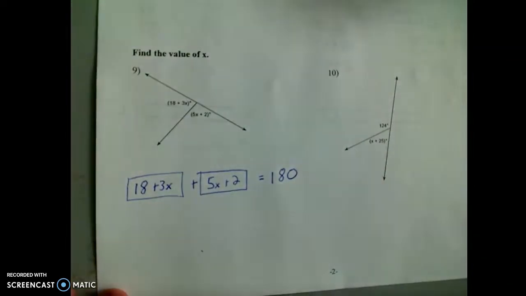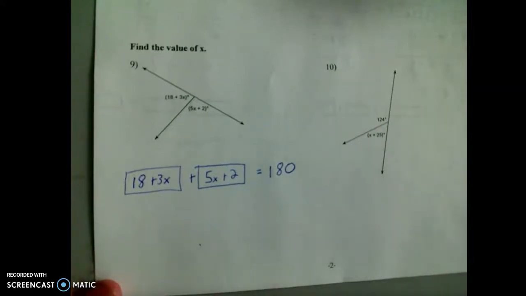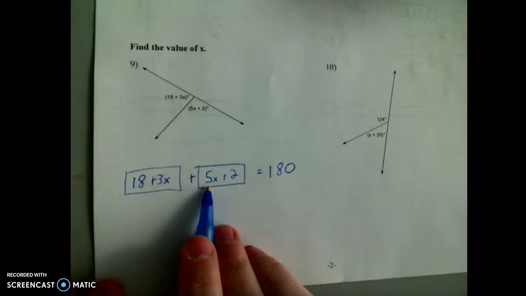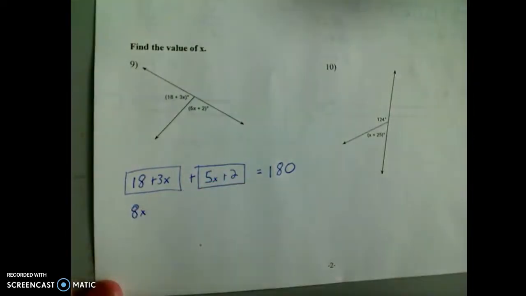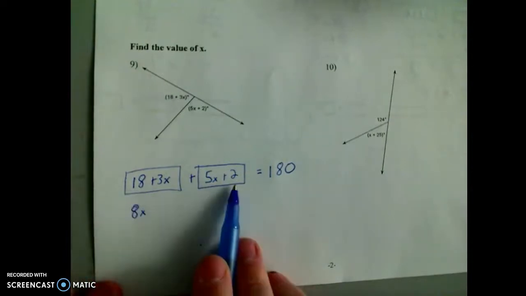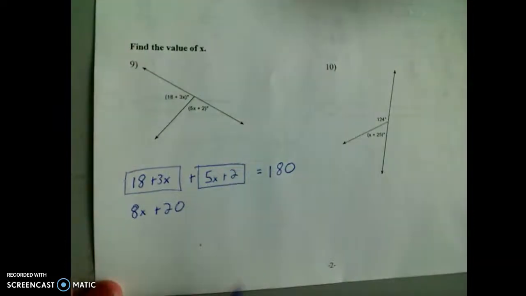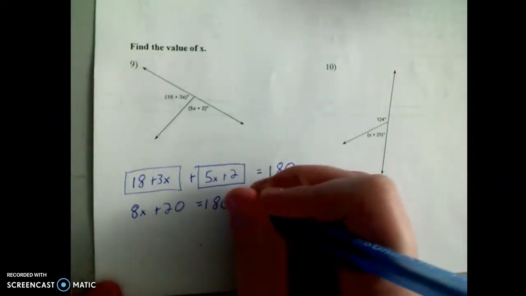So we're going to follow the same steps as last time. Step 1, combine like terms. 3x plus 5x is 8x. 18 plus 2 is 20. And that is still going to be equal to 180. Oh, that looks better already.